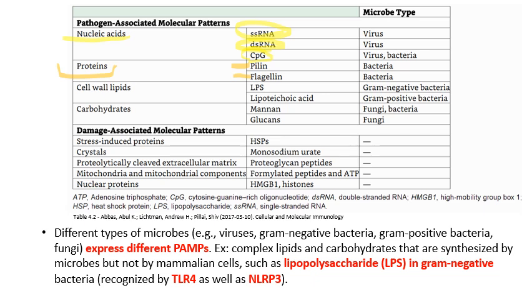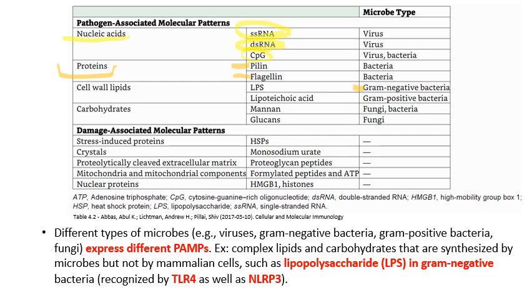And then you have other things that could be easily recognized, like cell walls, because we don't really have cell walls, right? So cell walls, lipids. Now let's pay attention to this, because the biggest cell wall you're going to find is in gram-positive bacteria, and the not-so-big cell wall is going to be found in your gram-negative bacteria, right? Cell wall lipids, okay?